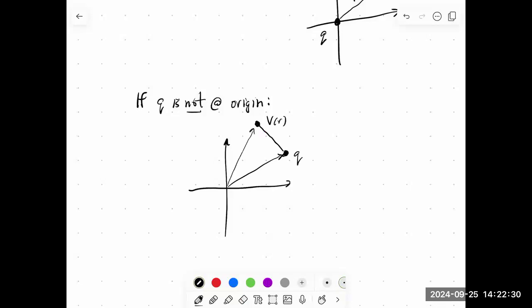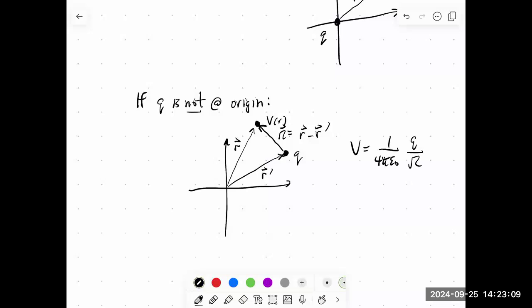So here's our r vector, here's our r prime, and this is our script r, which is r minus r prime. In this case, what matters is the distance from your source charge to what Griffiths calls the field point. And so when q is not at the origin, the potential would be equal to 1 over 4 pi epsilon naught q divided by the script r.